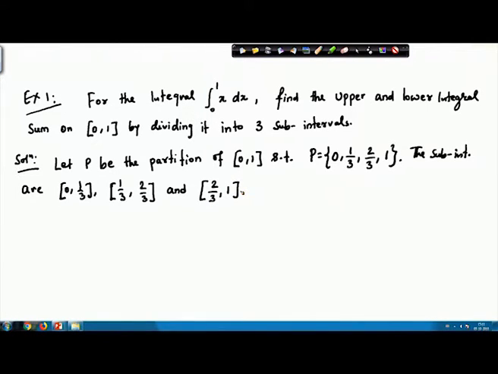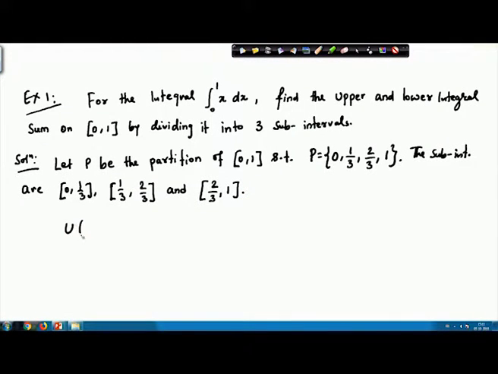Now if we look into the definition of upper integral sum and lower integral sum, which are basically U(P,f) and L(P,f), U(P,f) is given by a formula of this type.